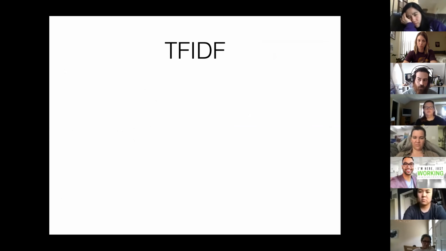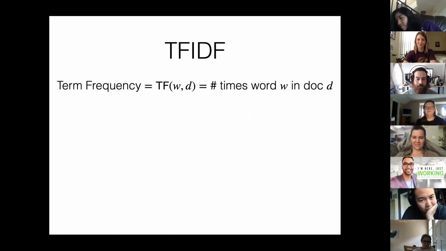And the way we're going to try and get good tags out of this is a technique called TF-IDF. That stands for term frequency inverse document frequency. This is the most mathy slide in the whole talk, so please bear with me. I am so sorry. A term frequency is just how many times the word W shows up in the document D?